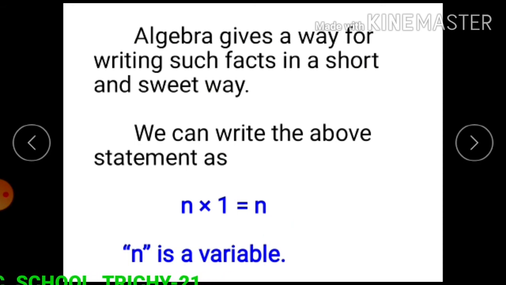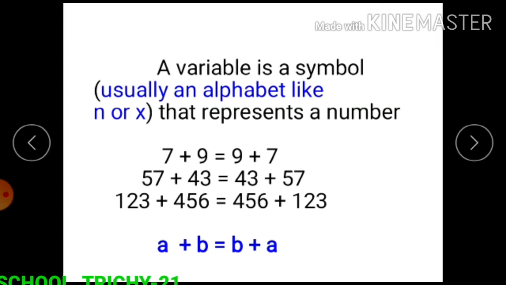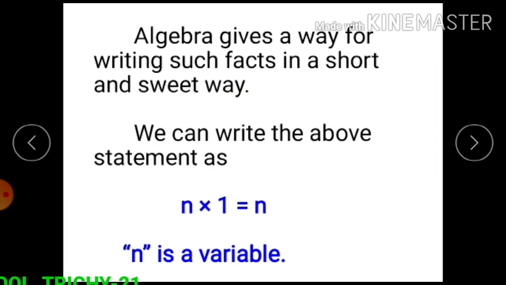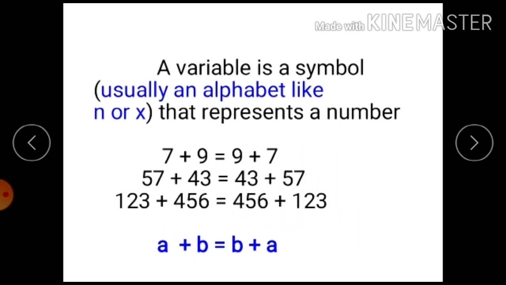The n on the left hand side is just a letter that is used instead of saying any number. And the n on the right hand side is the same n. This ensures that we get the correct statement.